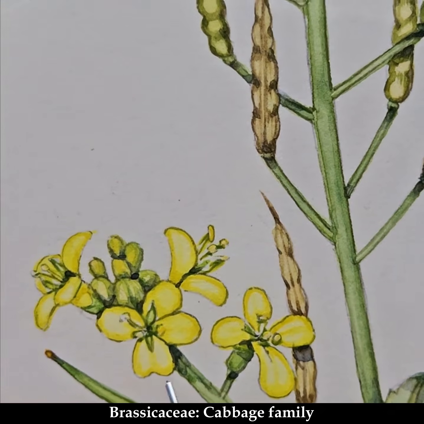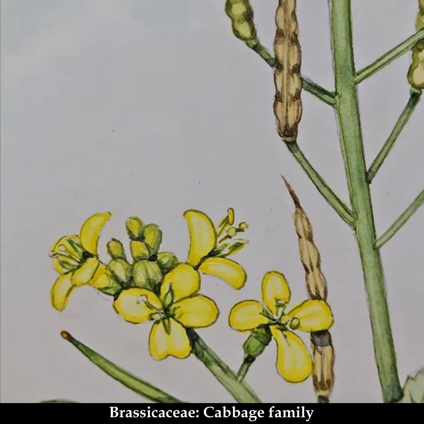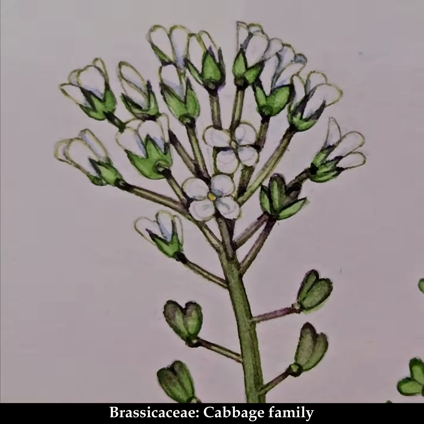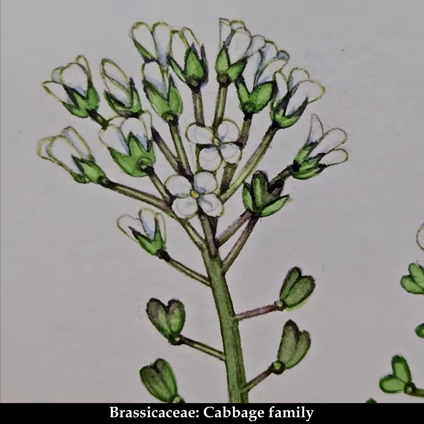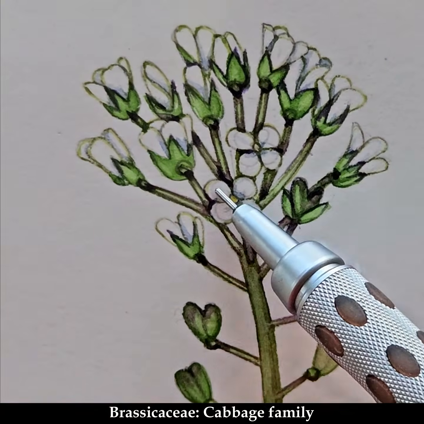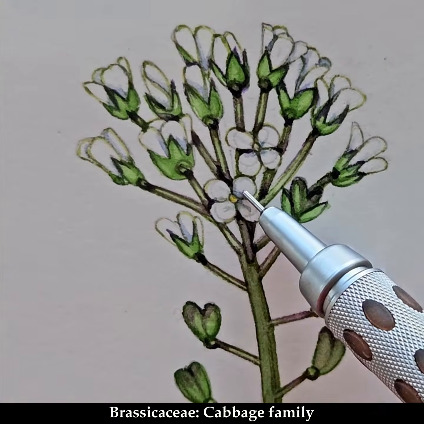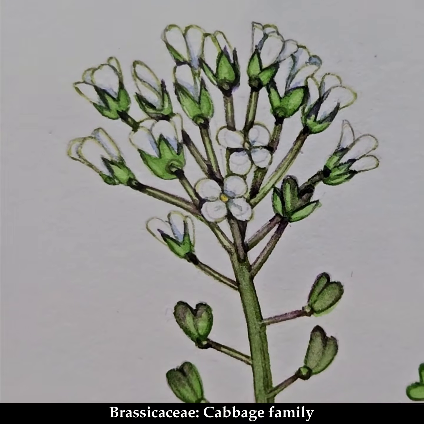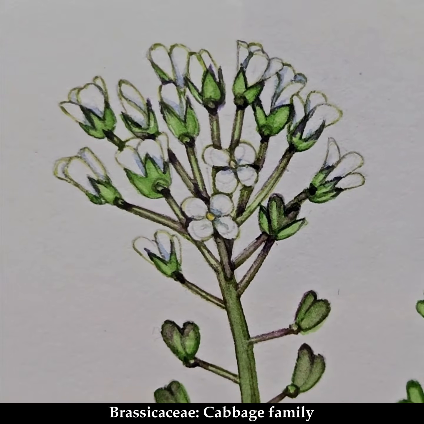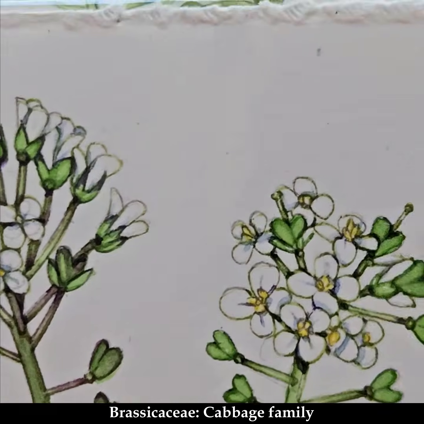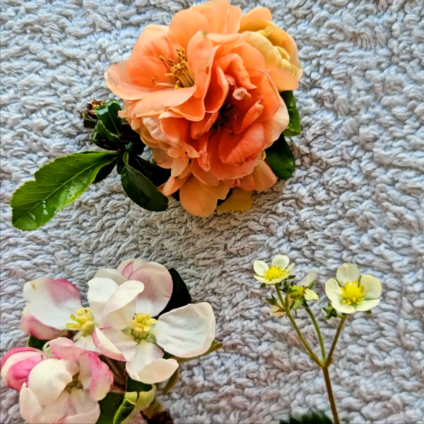And they've got 4 stamens as well. This one here is a very common little plant, which is shepherd's purse. And again, you see that distinctive shape, 1, 2, 3, 4 little petals, arranged in a cross. So it's going to be a Brassicaceae, or a Cruciferae, if you wish.